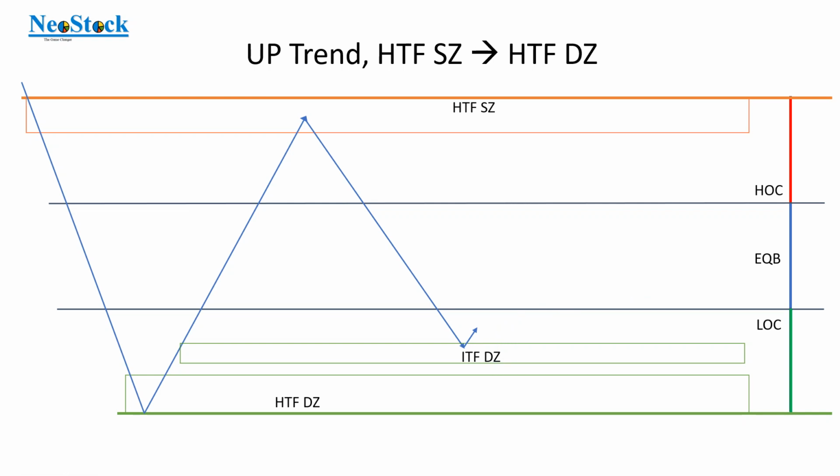The only scenario where the curve or location dominates is high on the curve. Even though trend is in our favor, even though ITF price direction is in our favor, still we cannot take a trade because high on the curve is not in our favor and HTF price direction is not in our favor.